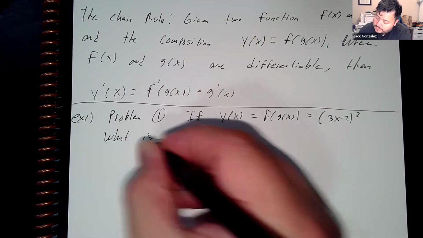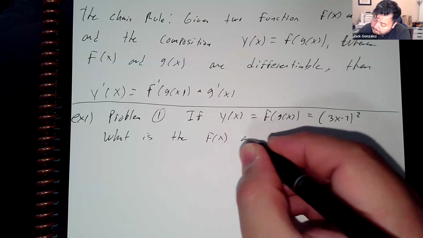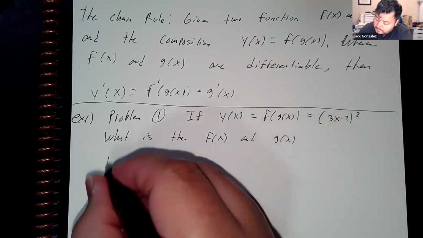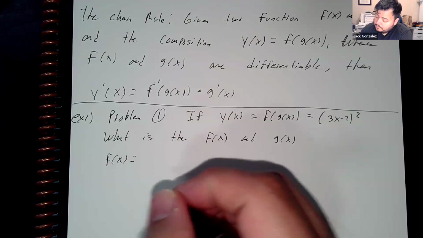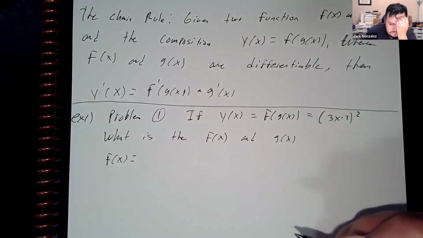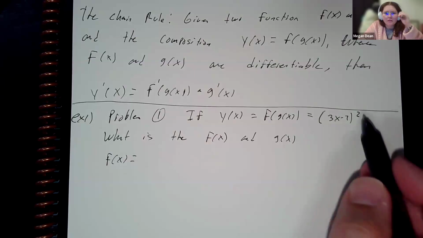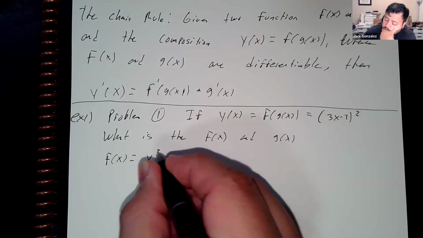What is the f and g? What's the outer function? Is it x squared? Now you see how it's something being squared, so the outer is a squaring function.